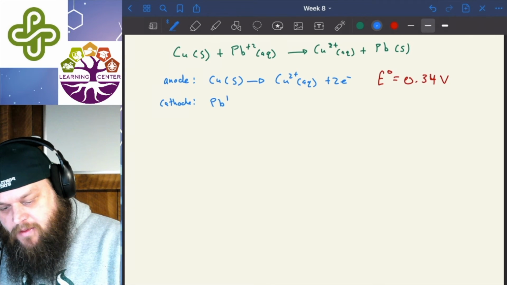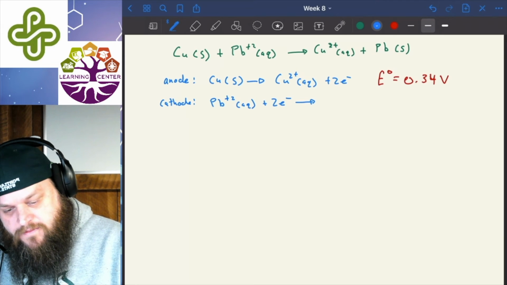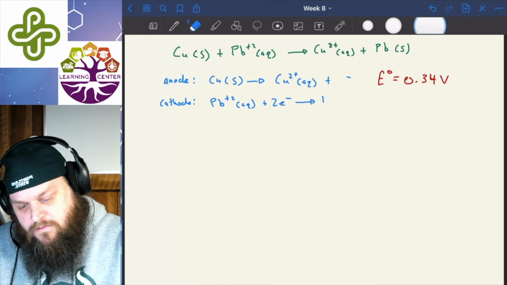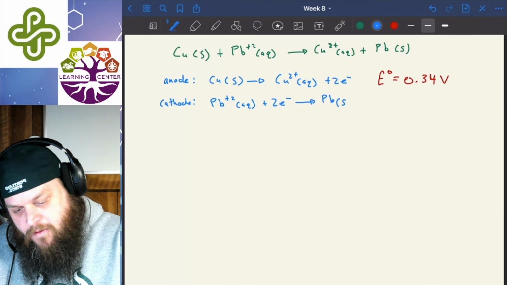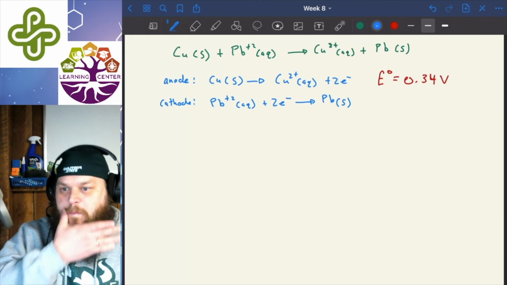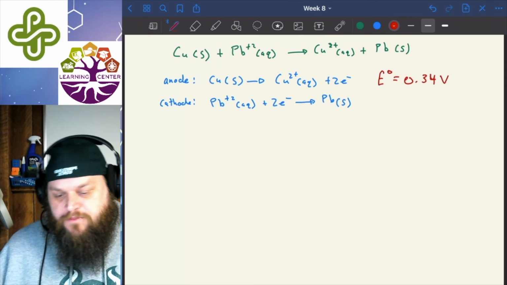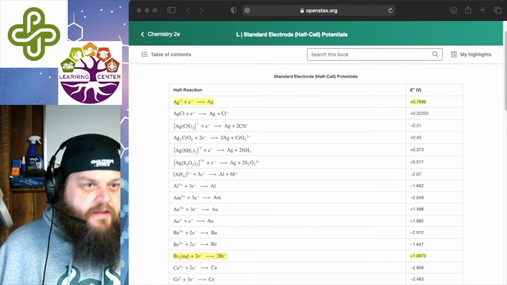That's just going to be Pb2 plus aqueous plus 2 electrons, and it's going to produce Pb solid. Let me rewrite my solid a little bit cleaner. We must see what that half reaction potential is going to be.